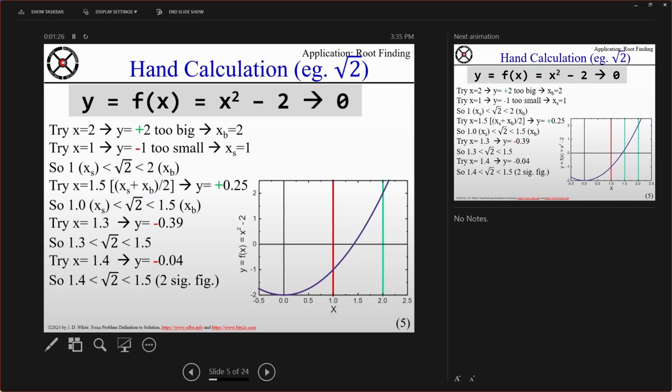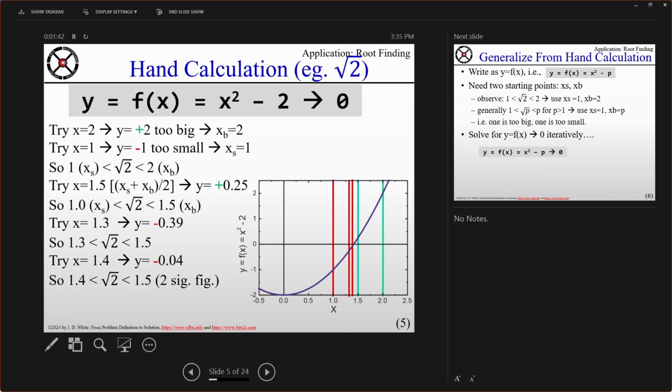So I take a number halfway between the two, substitute in, it's positive, so I know the root has to be between here and here. I then put in another number halfway between, and I find it's got to be somewhere between here and here. I take another one halfway between, and I'm getting closer and closer each time. I know this is the interval.